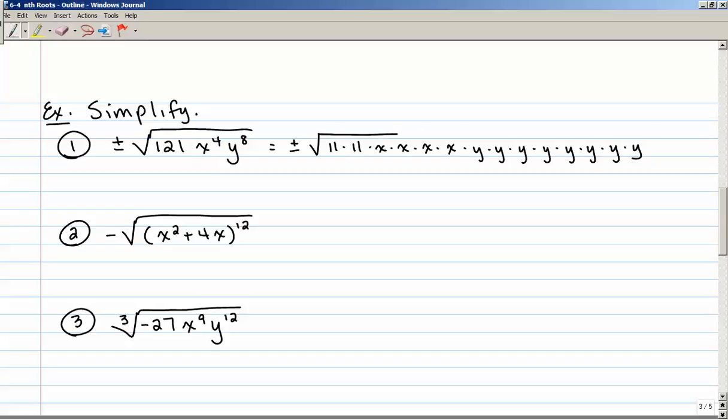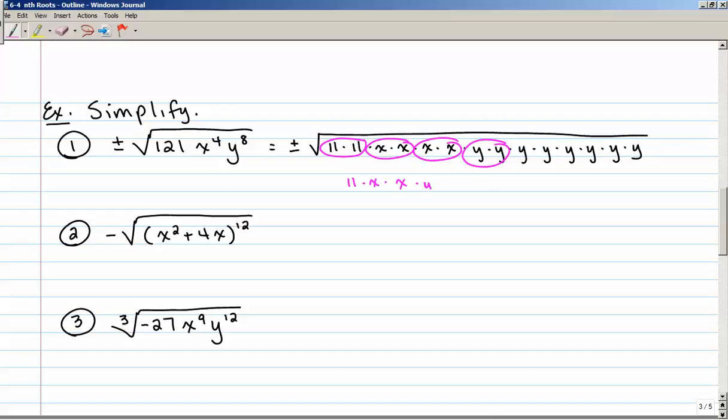Because we're taking the square root of this, notice there's no number in here, so there's kind of like an implied 2 in there. This is a square root. I'm looking for buddies. They're going to buddy up in 2's. And when they do that, they can come out front. So there's an 11. There's an x, and there's another x.